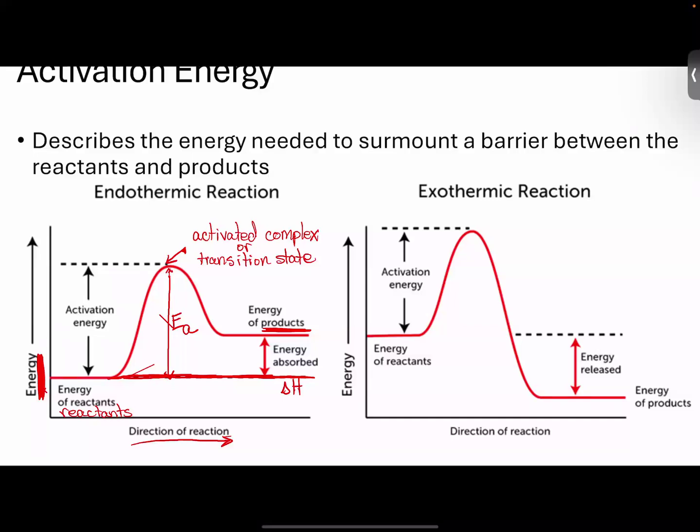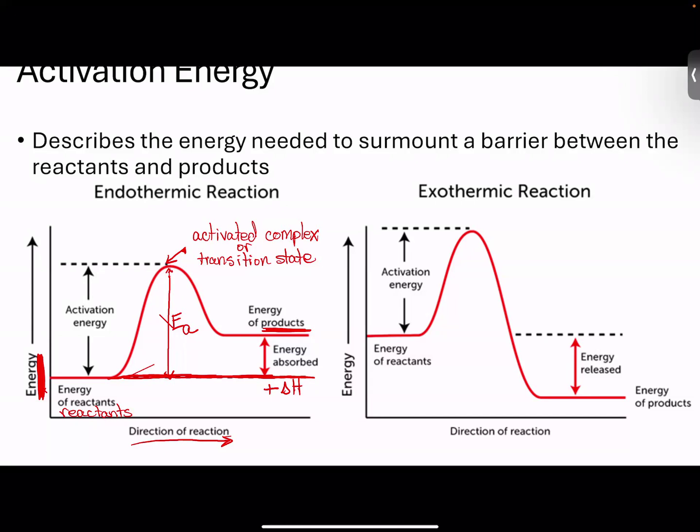And in this case, it's going to be a positive value because you had to add more energy in than you got out. So it's a positive delta H. So this is an endothermic reaction.